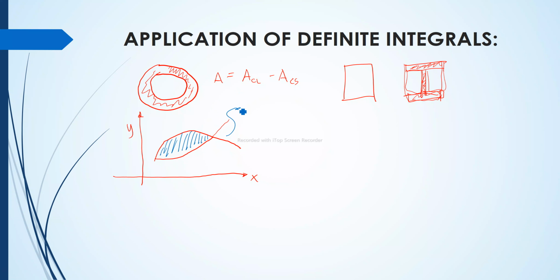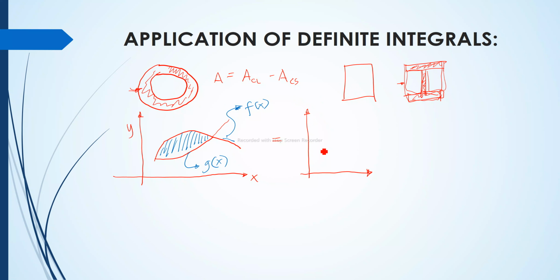Let's say this curve here is our f of x, and this curve here is our g of x. G is a function of x. That is simply similar to how we got the areas of these regions here.